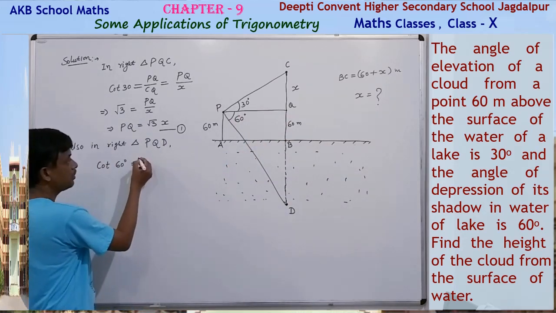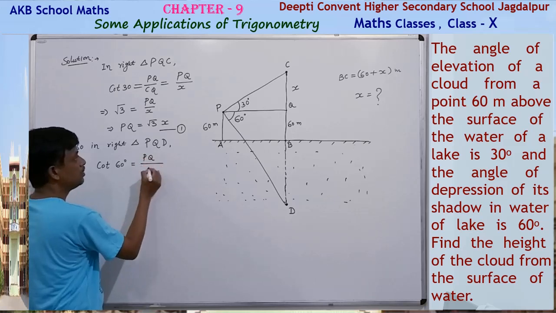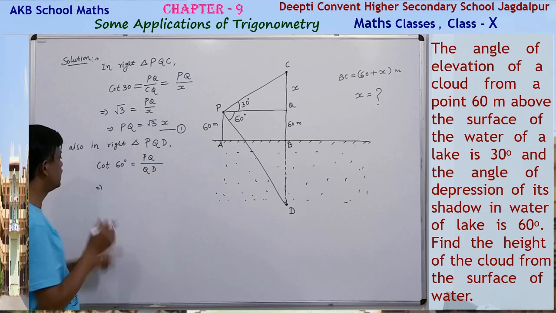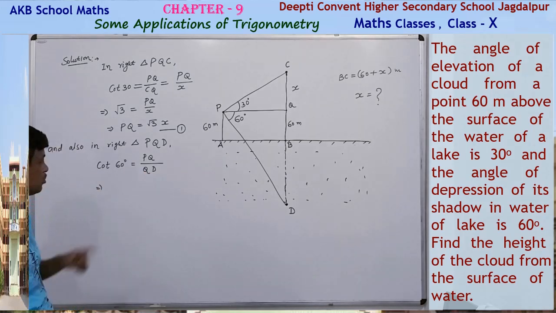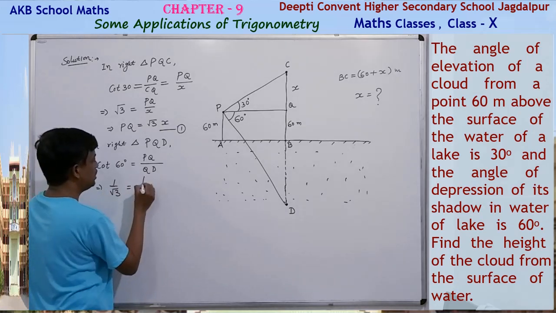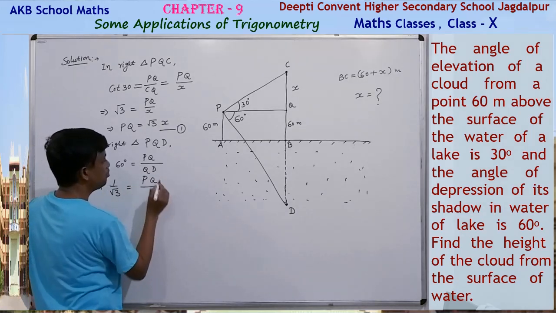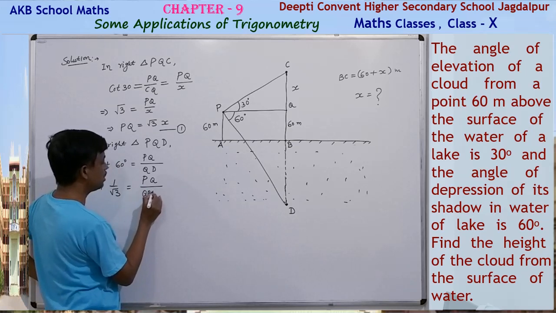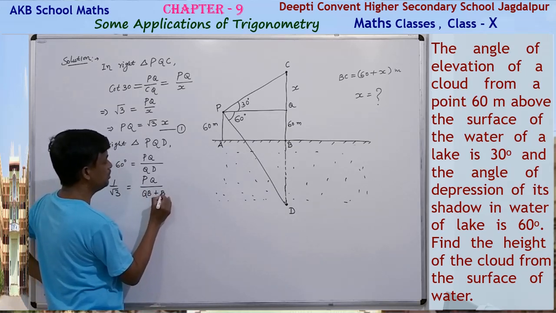So base by perpendicular, that is PQ by QD. Tan 60 is root 3, so cot 60 is 1 by root 3, equals PQ upon QD, which means QB plus BD.